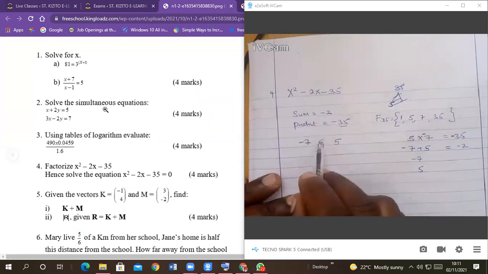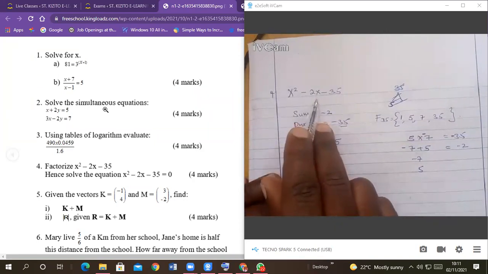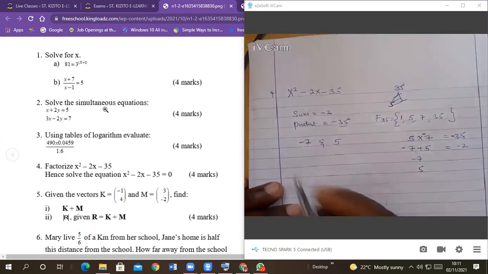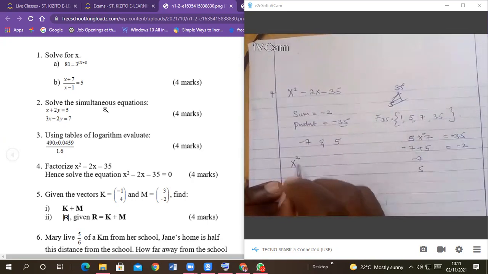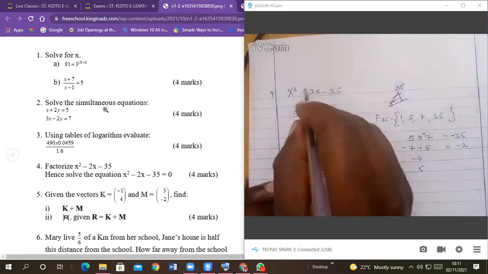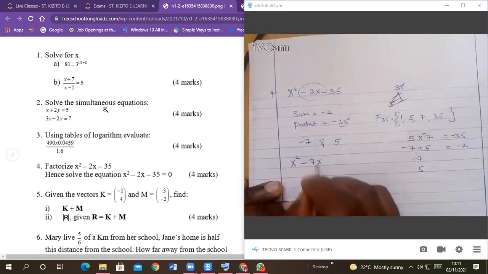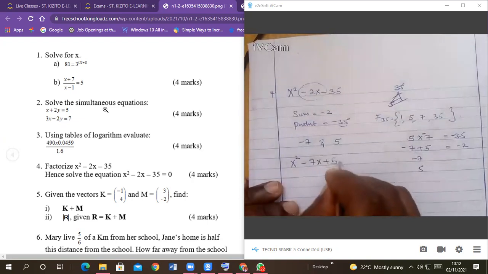Now, after doing this, this -2x, I'm going to express it in terms of -7 and also positive 5. So I write it as x squared, then -7x, then plus 5x.